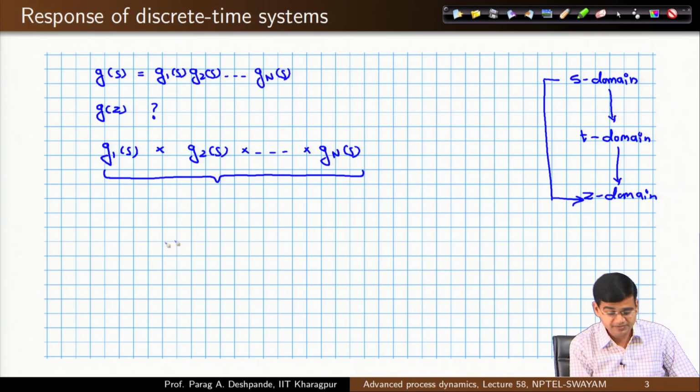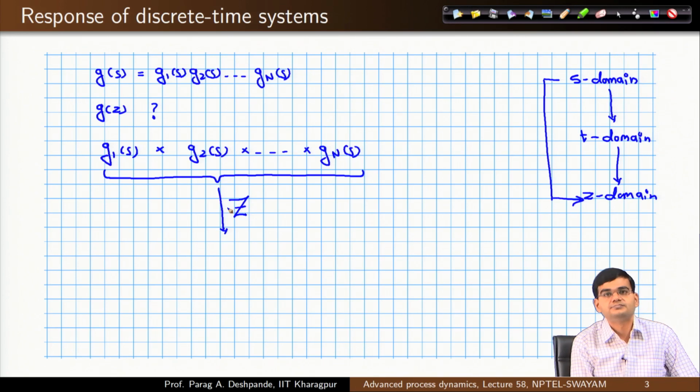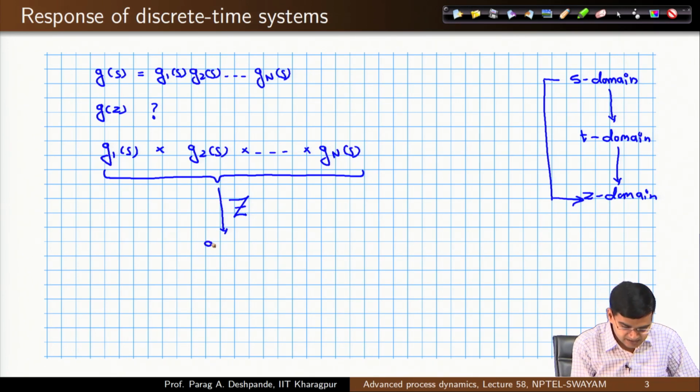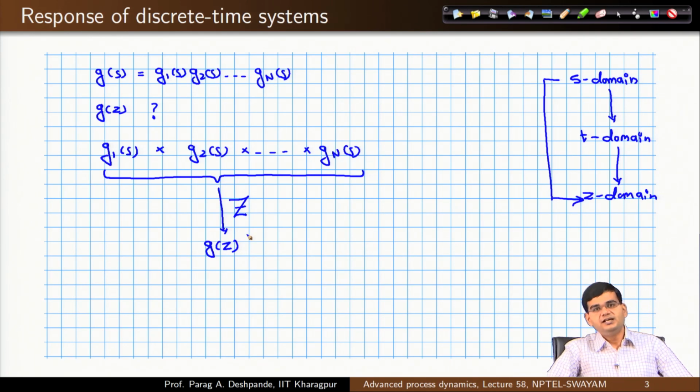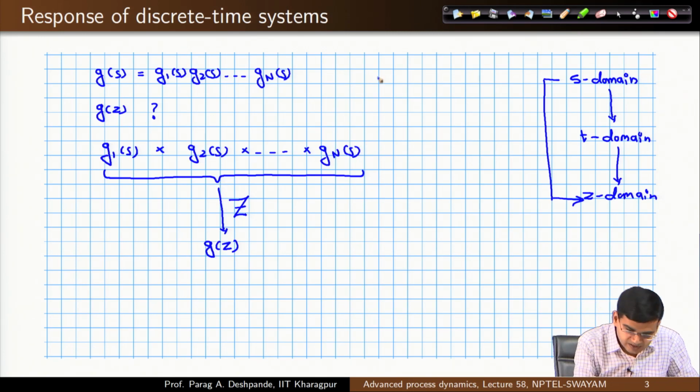For the multiplication, I do a Z transform, I get G of z. Let me repeat, I had these individual transfer functions available with me, I multiplied them first, and then whatever product I got, which is G of s, I took the Z transform of it.